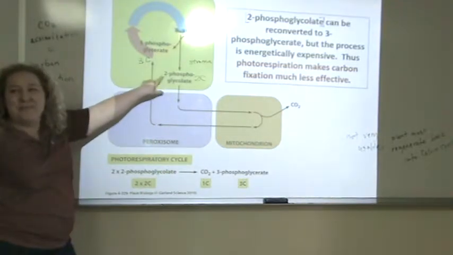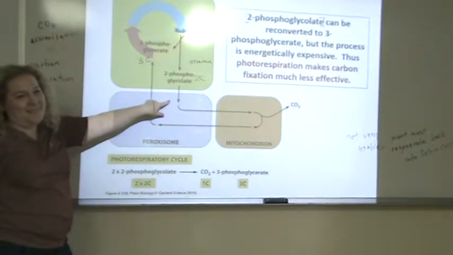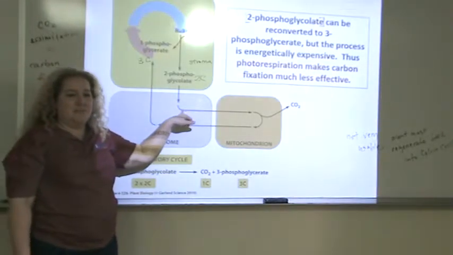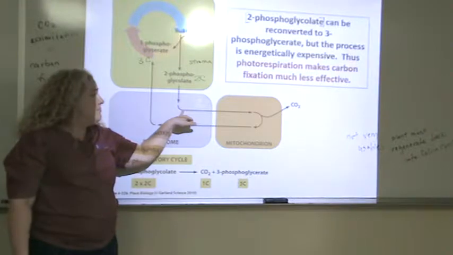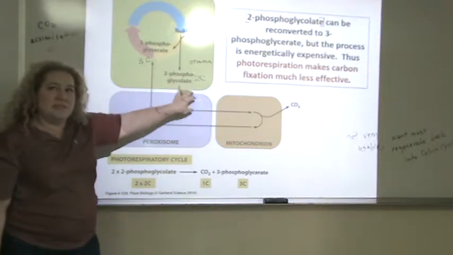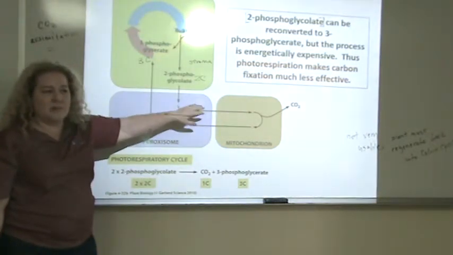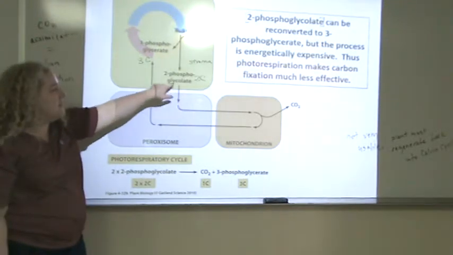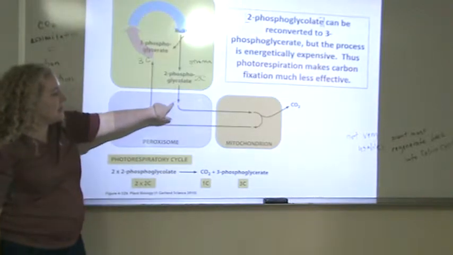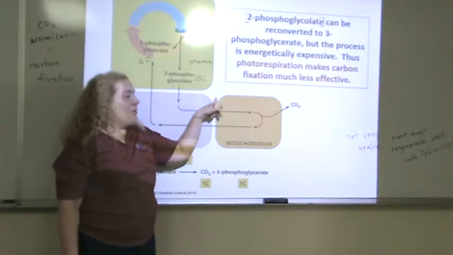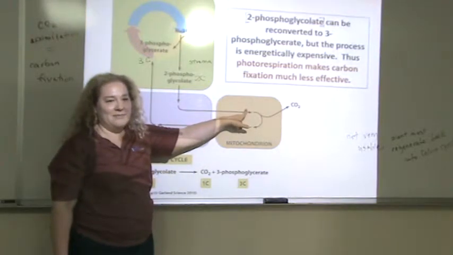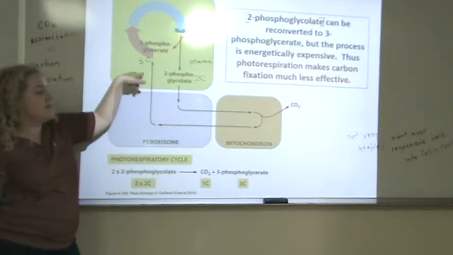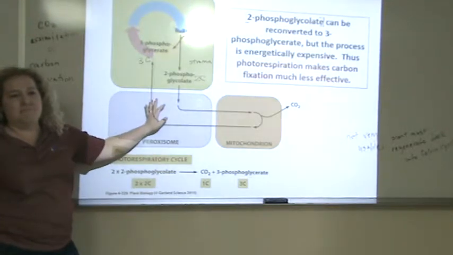So to do that, it has to leave the chloroplast, go into the cytosol, enter the peroxisome, and in some of these stages it's undergoing chemical reactions along the way. But the path of the intermediates: chloroplast, cytoplasm, peroxisome, cytoplasm, mitochondrion. An intermediate comes back to the cytoplasm, back to the peroxisome. It's ridiculous.